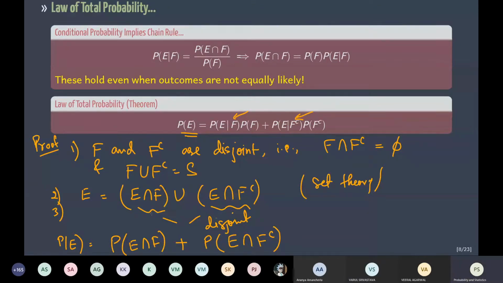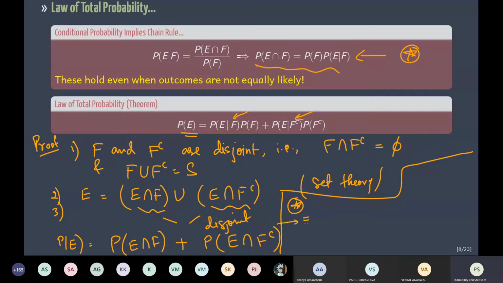Okay, and now we know that probability of E intersection F can be given by the chain rule. So from star we have, so this follows here. So E intersection F is probability of E given F, and then probability of F, and similarly you apply a star over this.